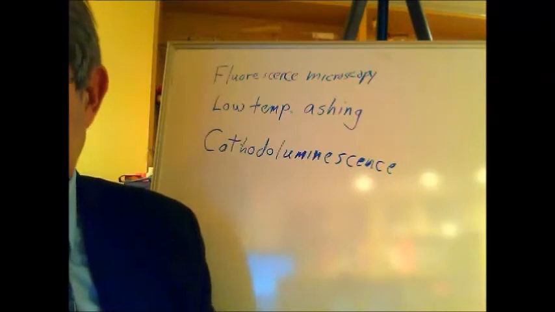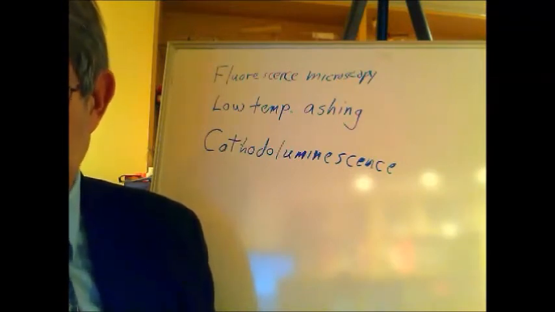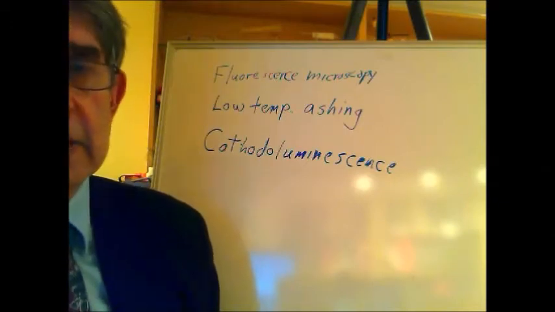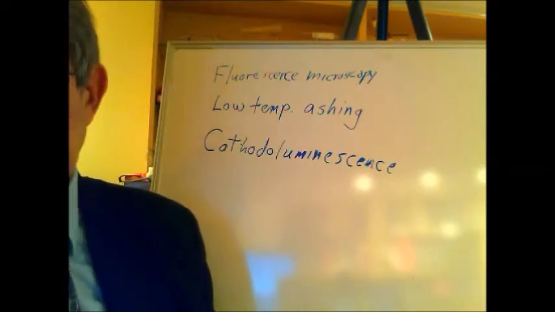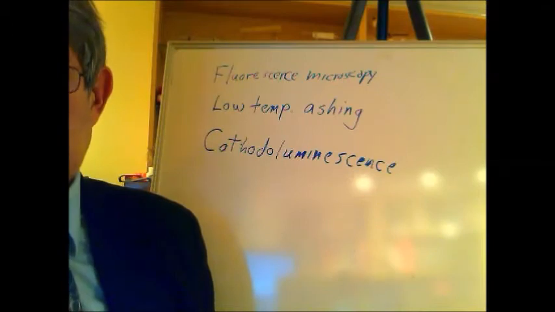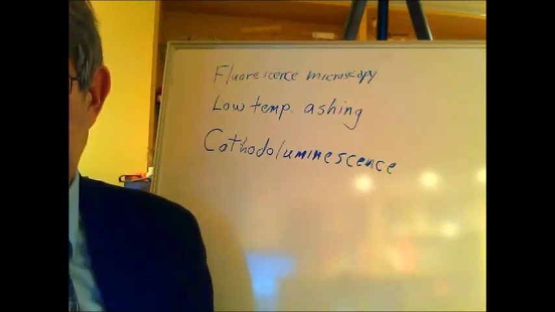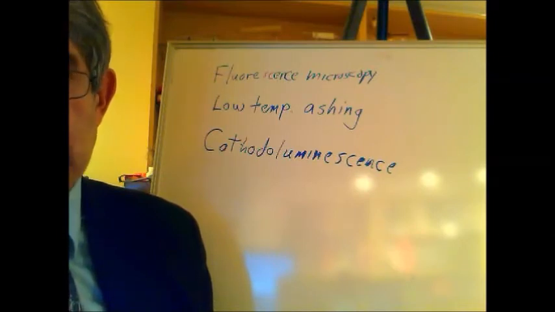And you could also use X-ray dispersive spectroscopy or polarized light microscopy as techniques that could be employed after the low temperature ashing. So all these things are actually part of what is sometimes referred to as analytical electron microscopy.